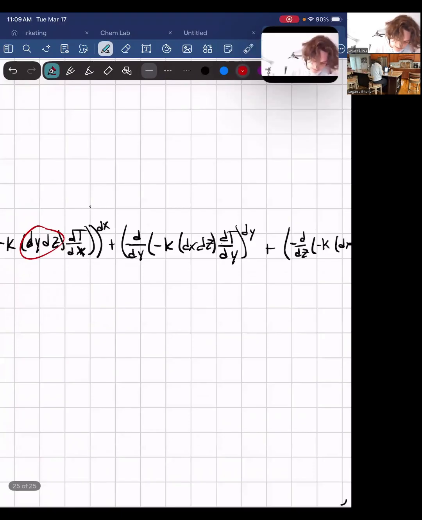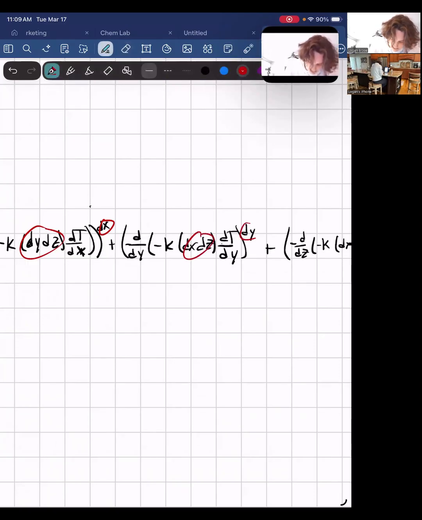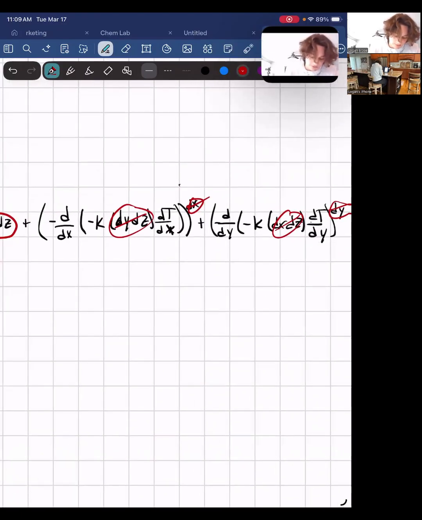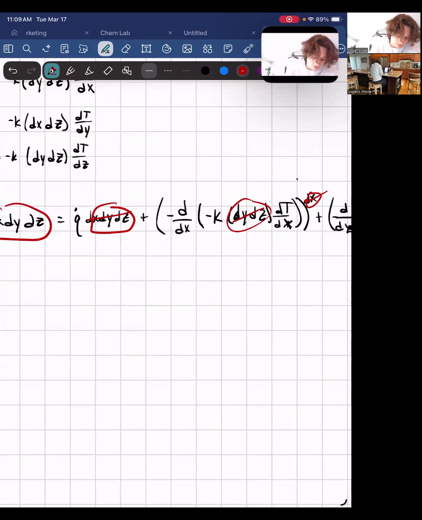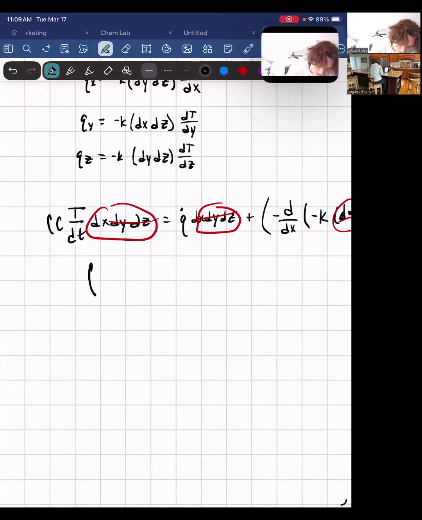So from each of these, we can cancel these terms. And so that gets rid of our volume terms throughout the equation. So what we're left with is rho c dT/dt equals q plus minus d/dx.